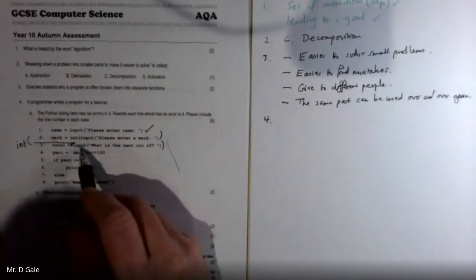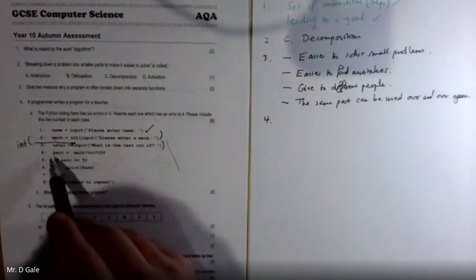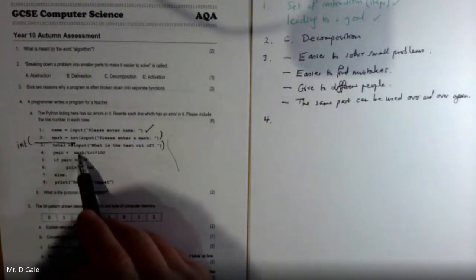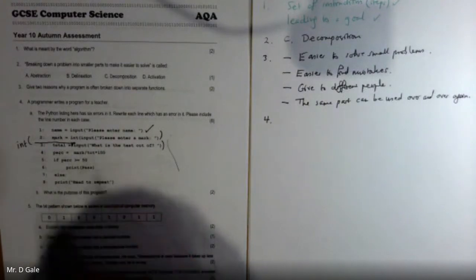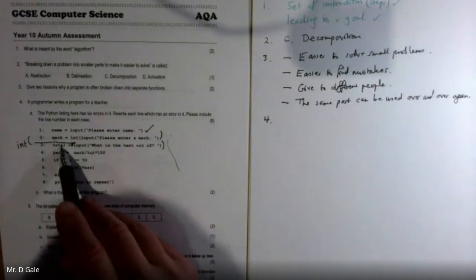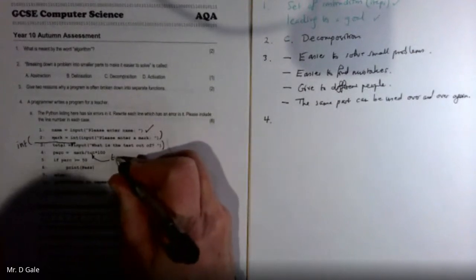So total equals int input, what is the test out of? Perc, I guess that's short for percent, equals mark divided by tote times 100. Tote, what's that? Never heard of that before. We called it total before. That needs to be changed to total.